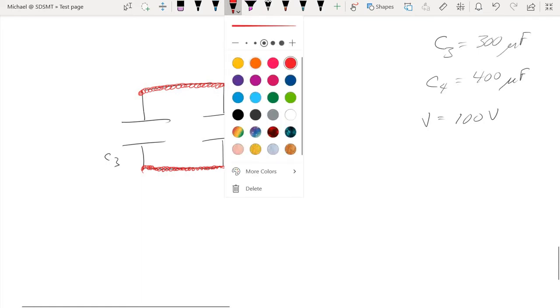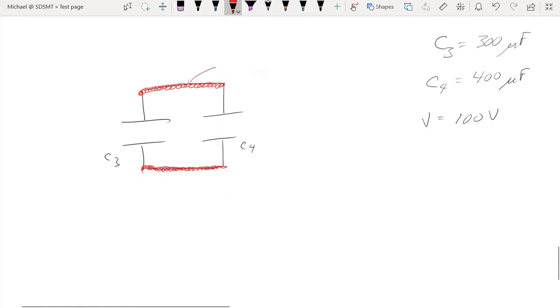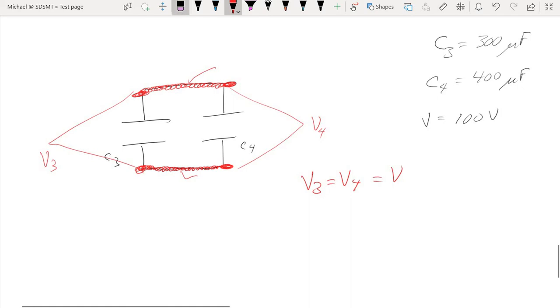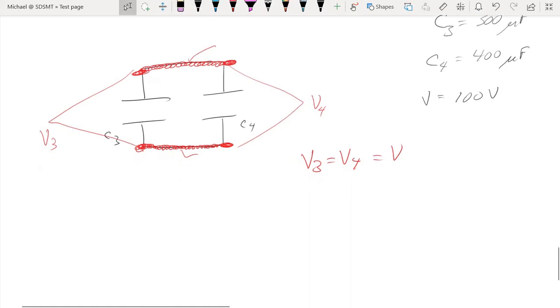If these are both the same points, then the potential difference across capacitor 4, between the two ends of capacitor 4, that's the same as the potential difference across capacitor 3, because their heads and tails are connected at the same points. So in this case, both capacitors have the same potential value.